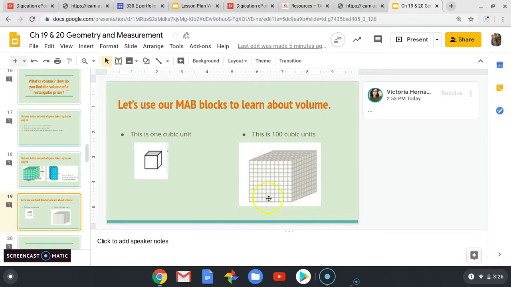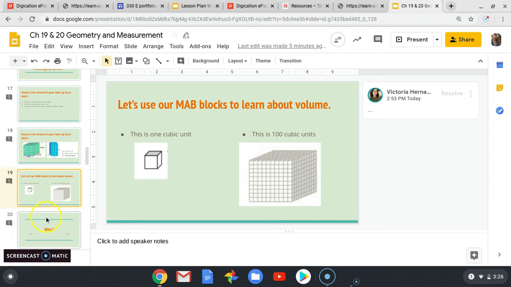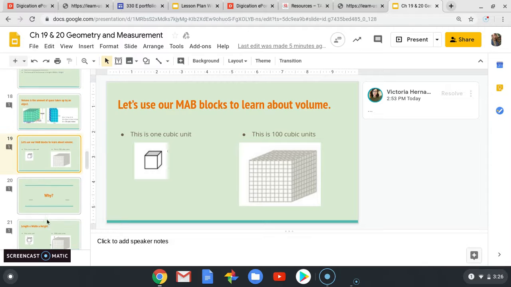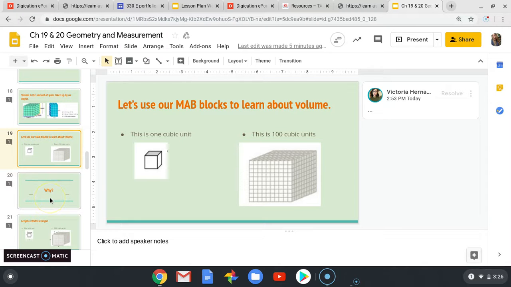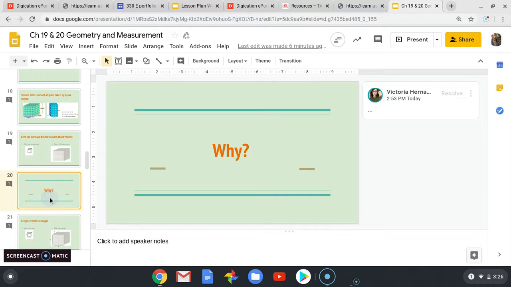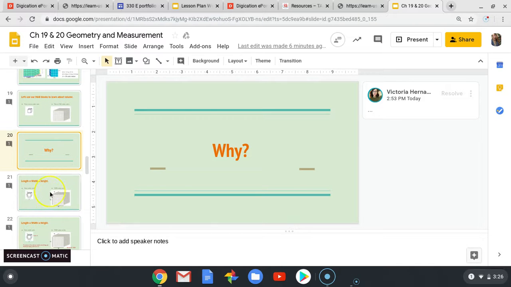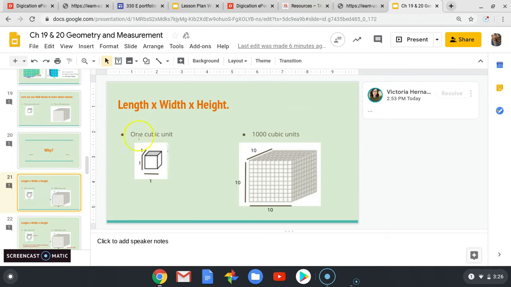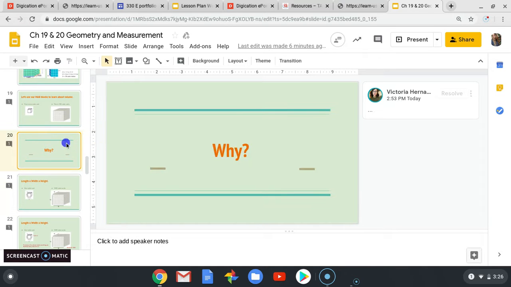But remember, the length, the width, and the height. Now this is explained a little bit better. Why?